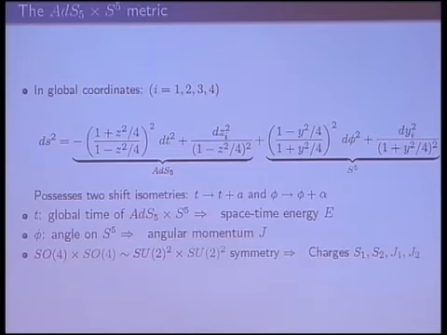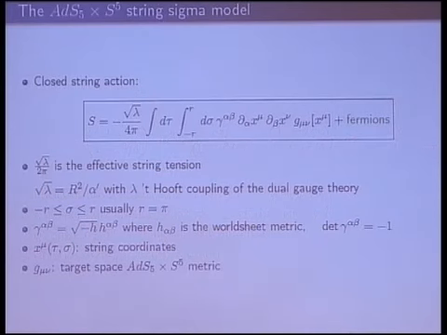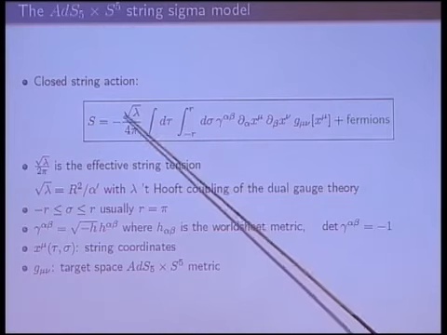And moreover, you have four charges which are well known by now, S1, S2, which one normally refers to as the spins, and J1 and J2 as the angular momenta on the S5.